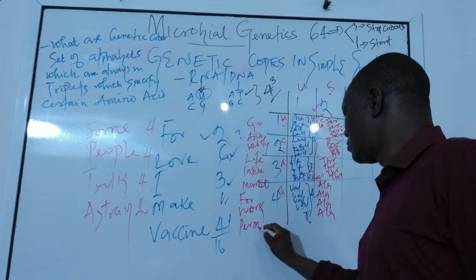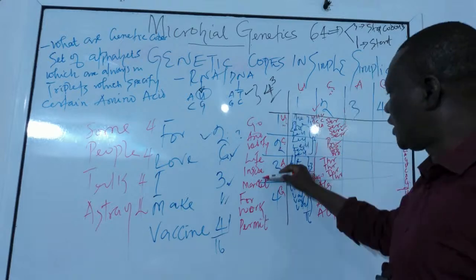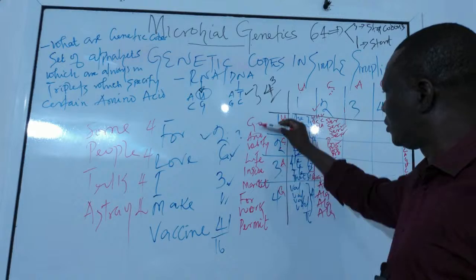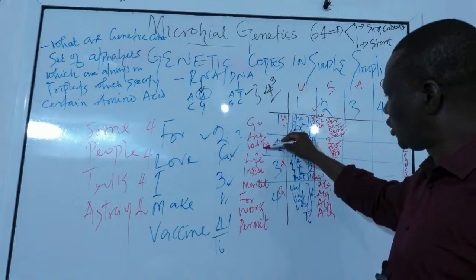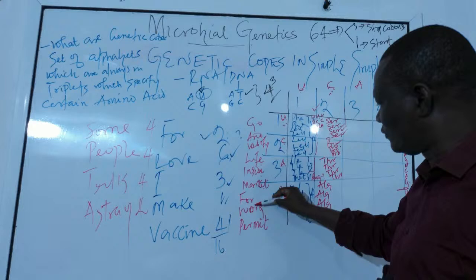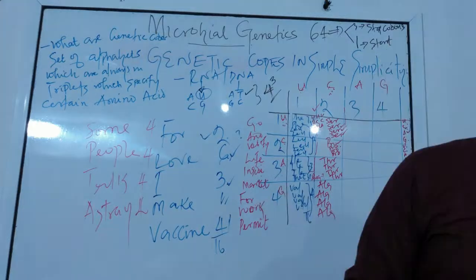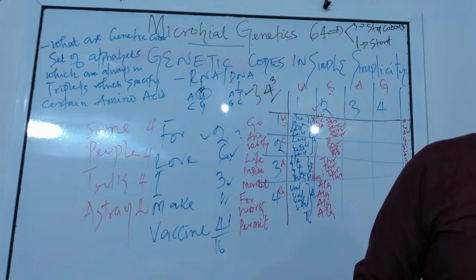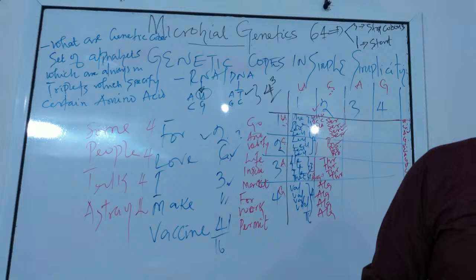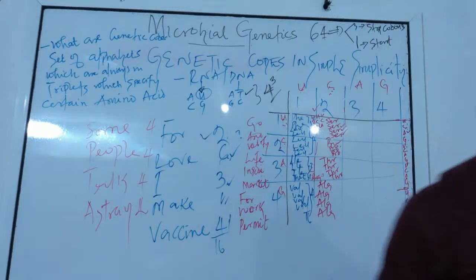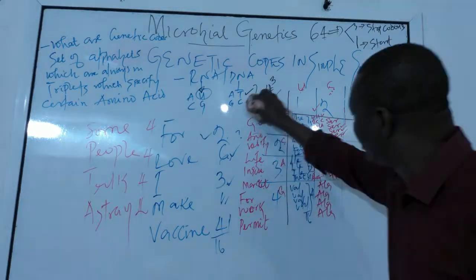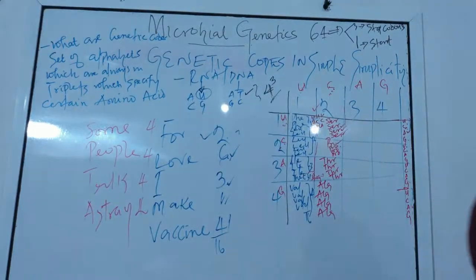Okay, if you count this, 1 2 3 4 5 6 7 8, but it should be only... okay, sorry, that's a combination of another thing entirely, sorry.